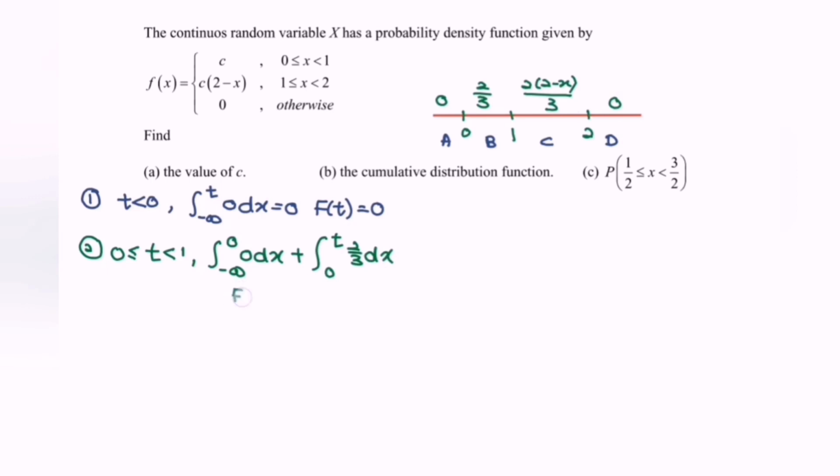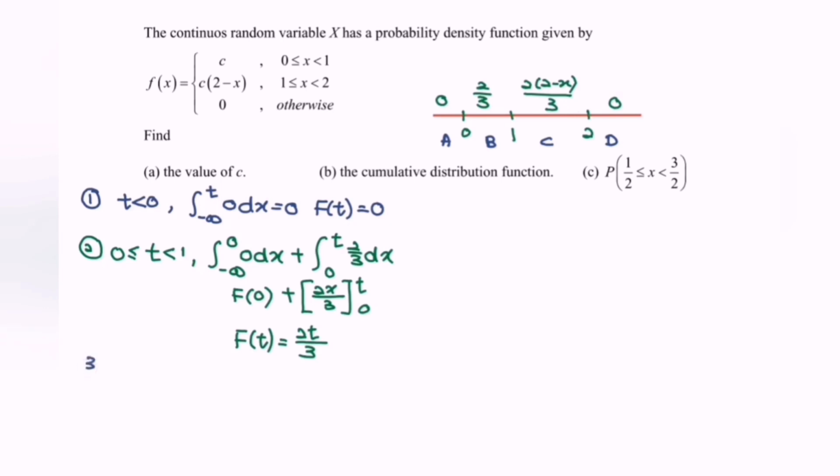So we can express this as F(0) plus 2x over 3 for the limit t to 0. If we substitute, we will have F(t) equals 2t over 3.